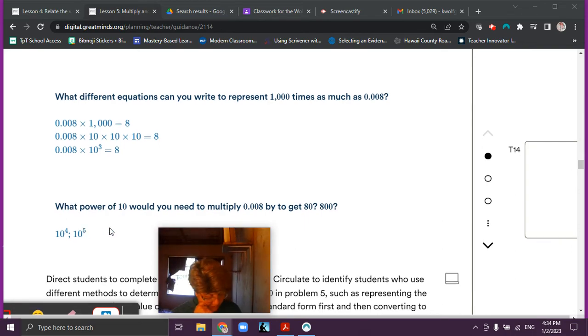Okay? All right. Now let's go to page 45 in your book where you have the magnifying glass. And let's look at number 1 together. We're going to do a couple of problems together, and then we'll move into video number 3.